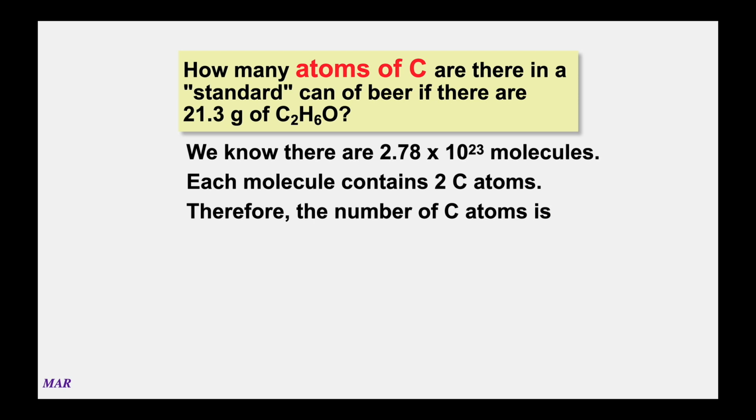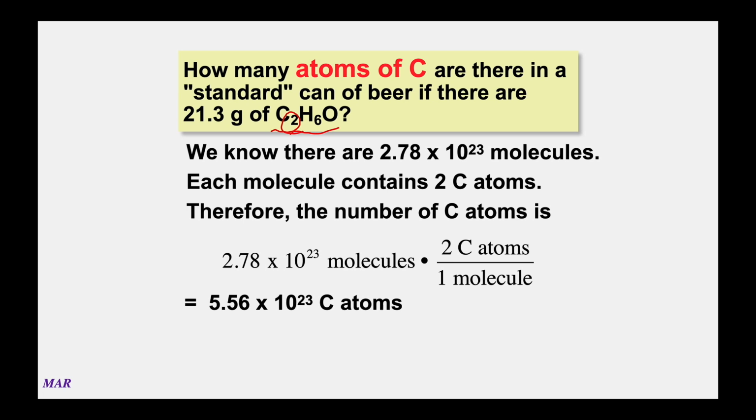And if you look at that formula, ethanol has 2 carbons per ethanol. And this number, the 10 to the 23rd, is the molecules of ethanol. So if you wanted just the atoms of carbon, multiply that number by 2. And again, this 2 came straight from the formula.